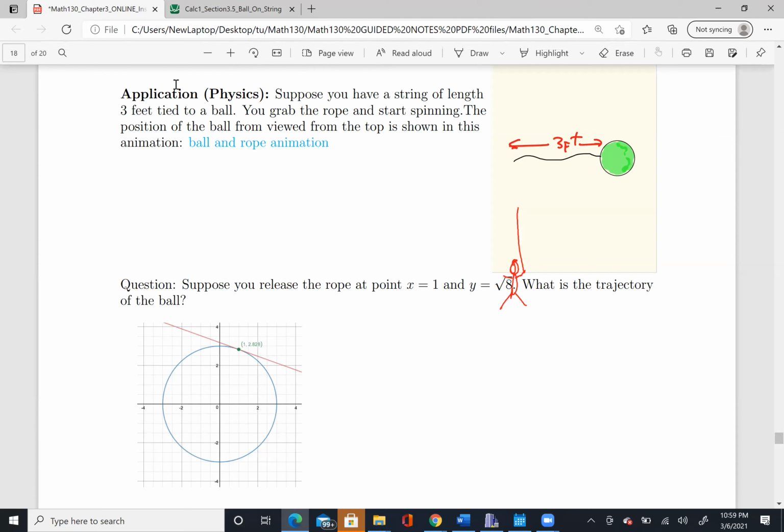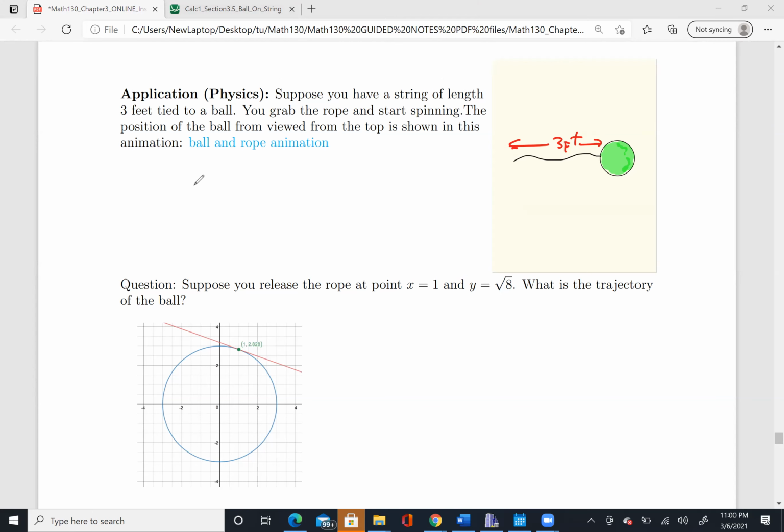Let me try to draw over here for you guys. I have the person, and here is the ball, so it's spinning like a circle.